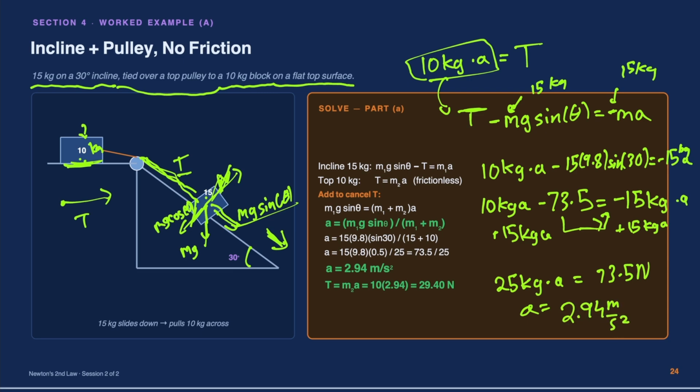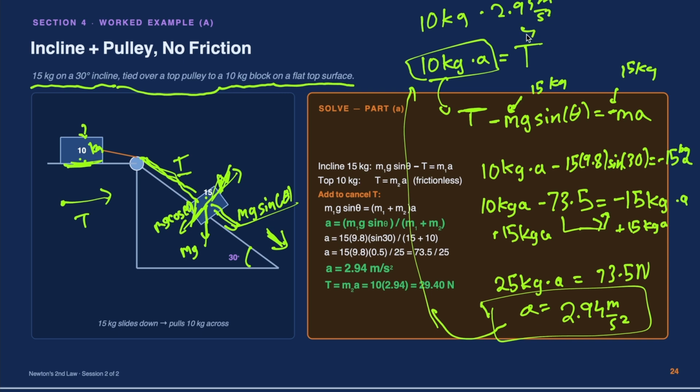Okay? So yeah, that's pretty much it. Alright? And then, if you just wanted to find the tension, you just plug this back into this equation, right? 10 kg times 2.94 meters per second squared will give you your tension here. So it becomes 29.4 newtons. Or you could plug into the other equation, but that would be a bit more work.